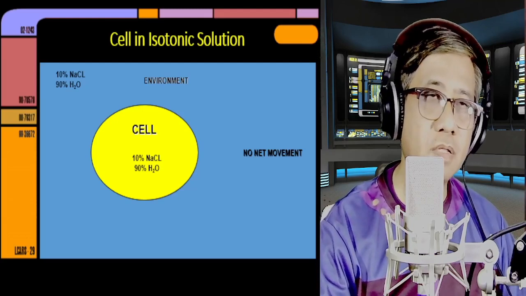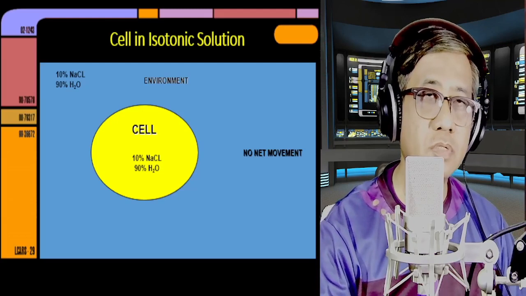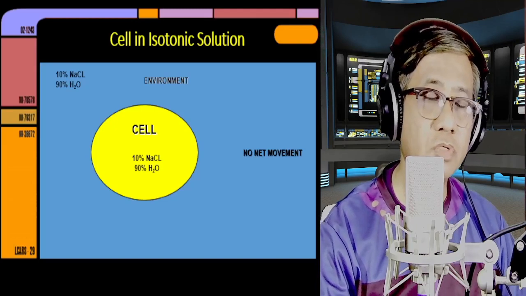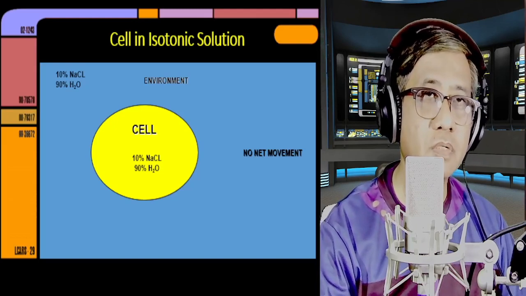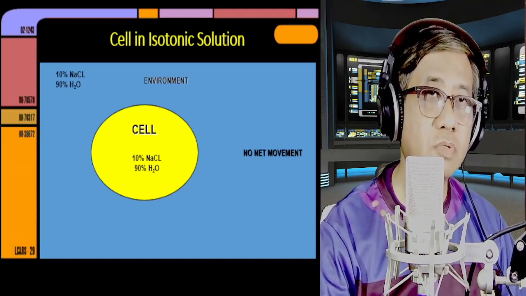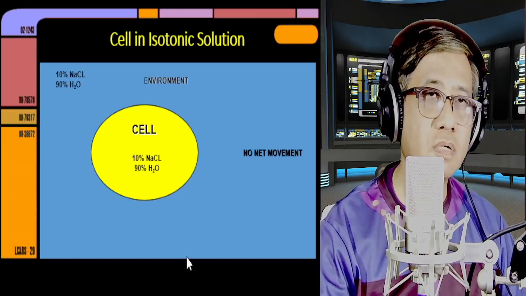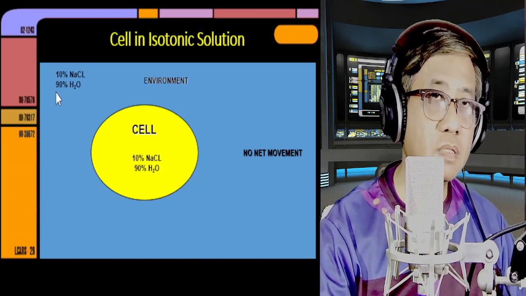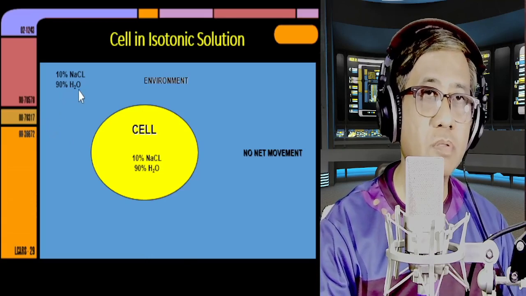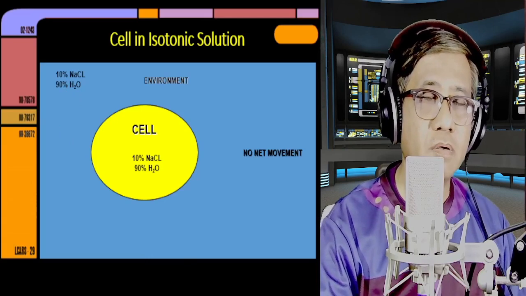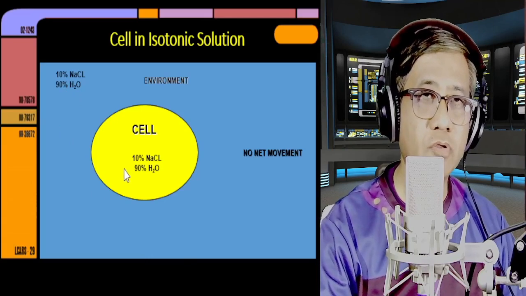Now, everybody kindly take a look at the concentration of solute and solvent outside the cell or the external environment. So, we have here 10% solute, in this case salt NaCl. So, you have here 10% NaCl and 90% solvent or water in the external environment. Now let's go to the internal environment of the cell.